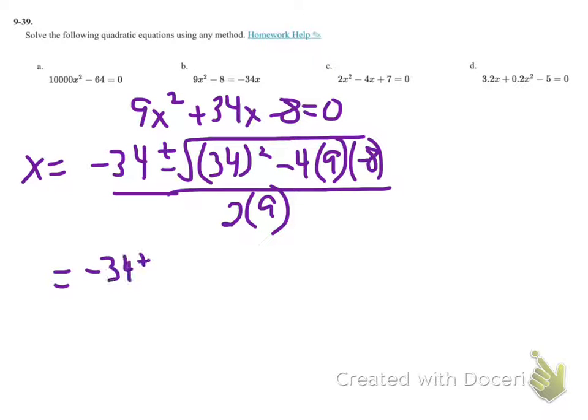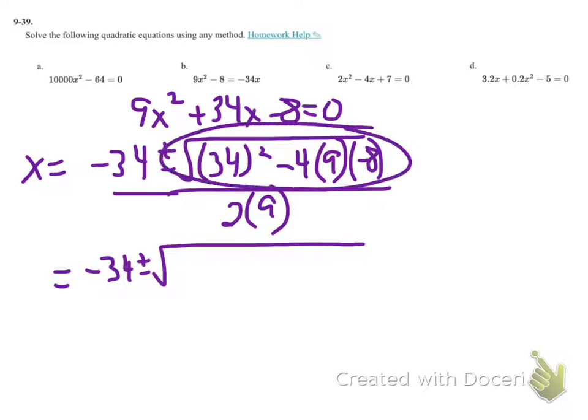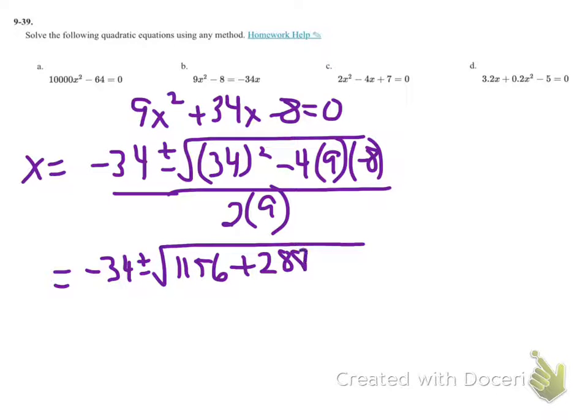That gives me negative 34 plus or minus the square root, and I always want to figure out what's underneath the radical first. 34 squared is going to give me 1156. Negative 4 times 9 times negative 8 is going to be a positive because there are 2 negatives. I get a positive 288 all over 18.